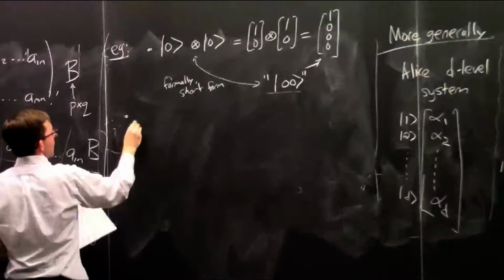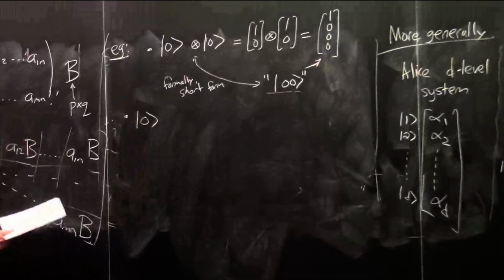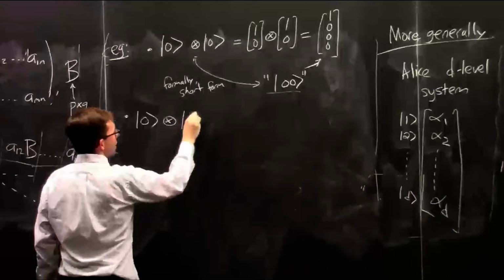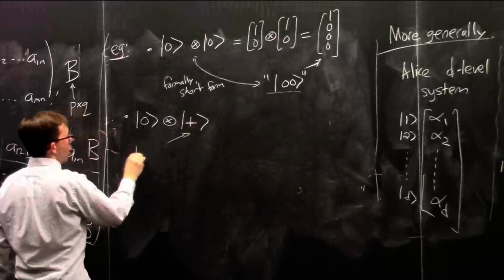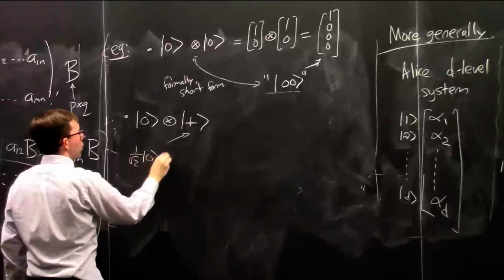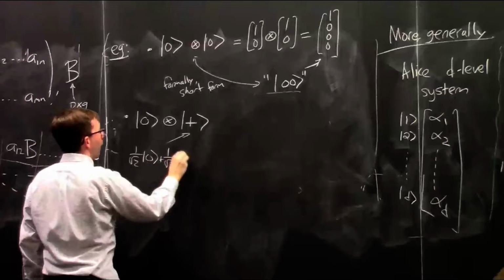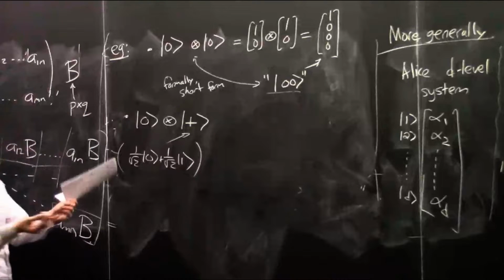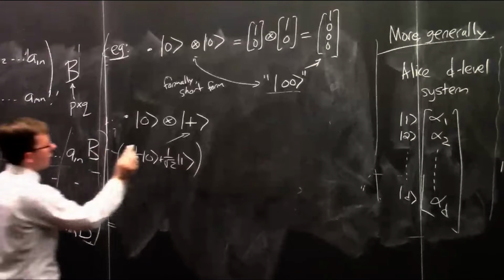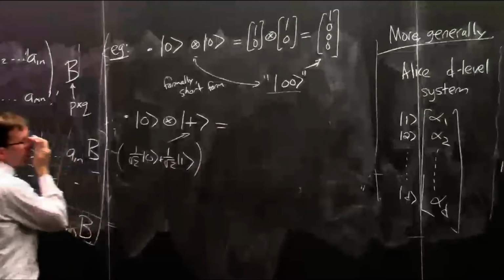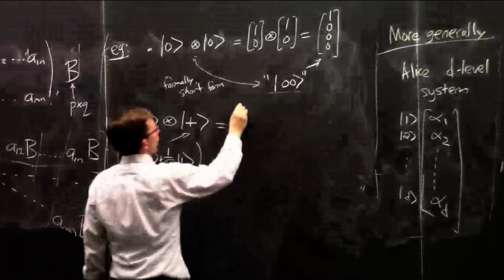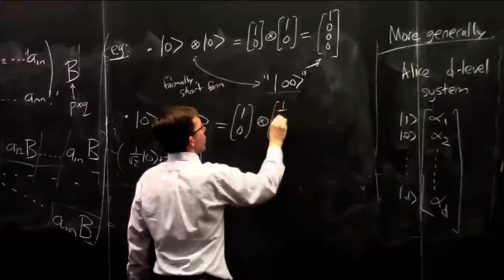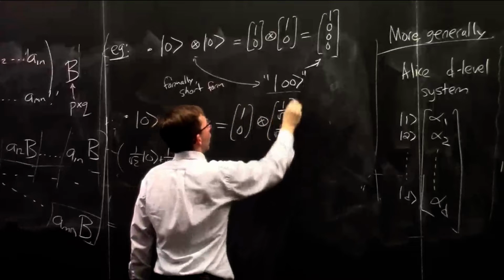Okay, here's another example. Let's say Alice prepares a qubit in the state 0, and Bob prepares a qubit in the state plus. Remember this guy? This is 1 over root 2 ket 0 plus 1 over root 2 ket 1. So then they bring their qubits together for a play date. And what is the 4-dimensional state of the result? Okay, it's 1, 0 tensor product, or Kronecker product, 1 over root 2, 1 over root 2.